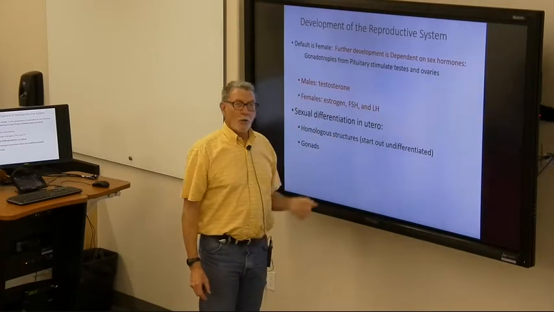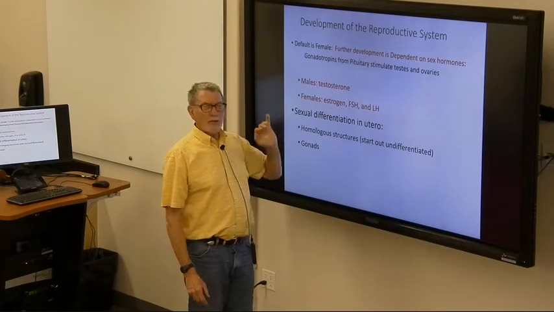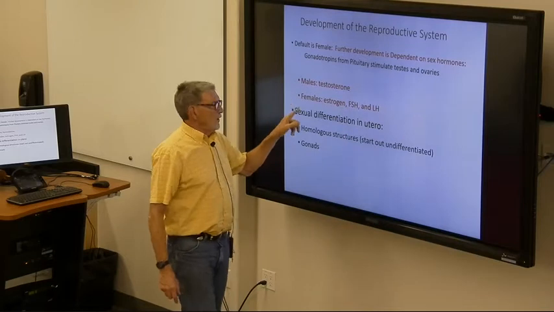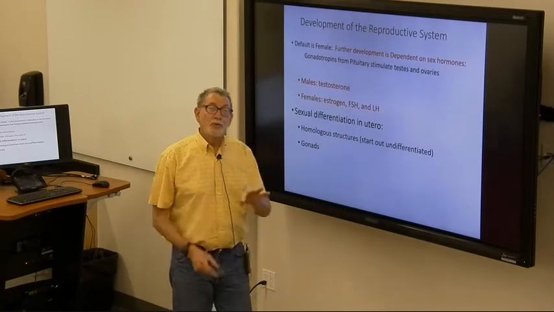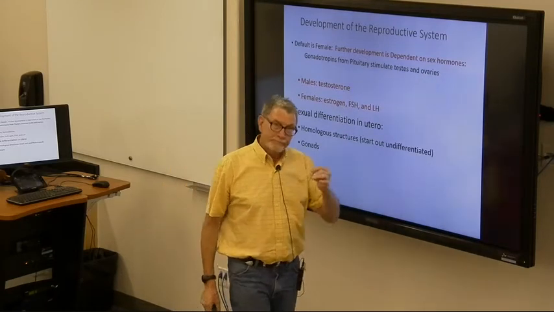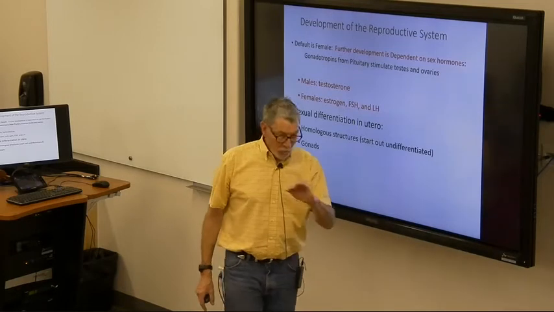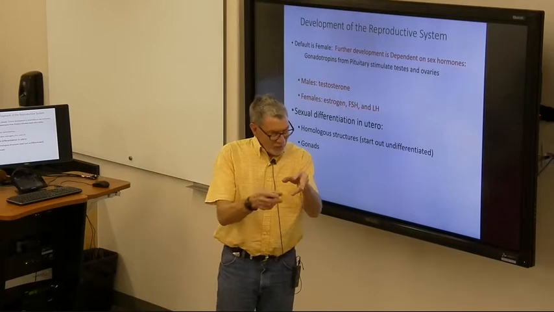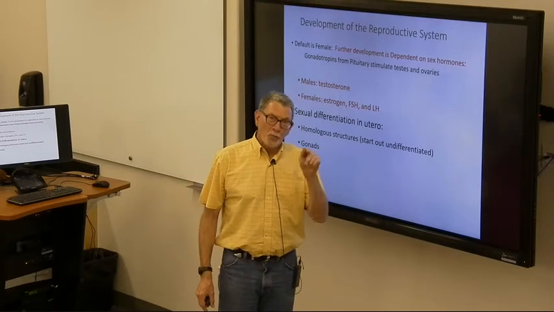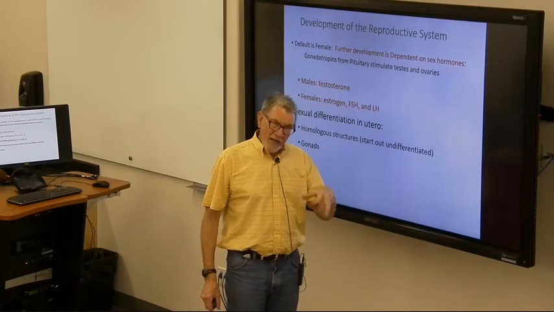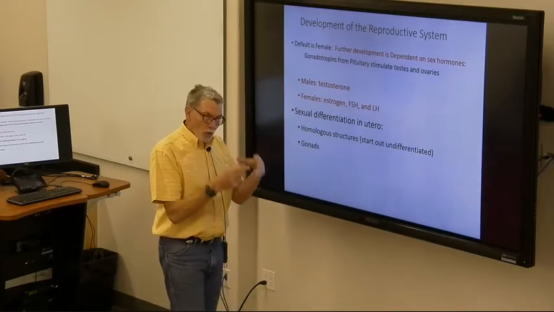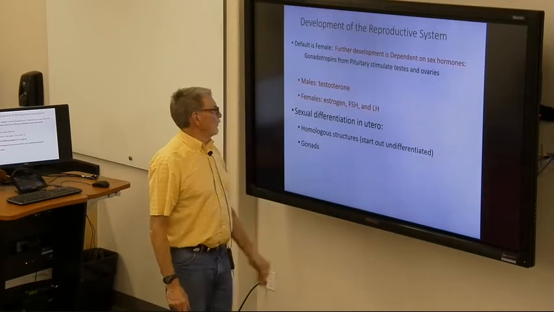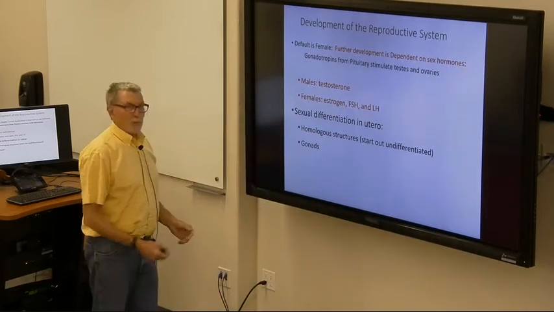Follicle stimulating hormone stimulates testes to make sperm, and it stimulates female ovaries to produce mature eggs. From the primordial eggs they have in there, they select a few every month. One of them becomes dominant and matures into the Graafian follicle, which is the main egg that is going to be produced that month.